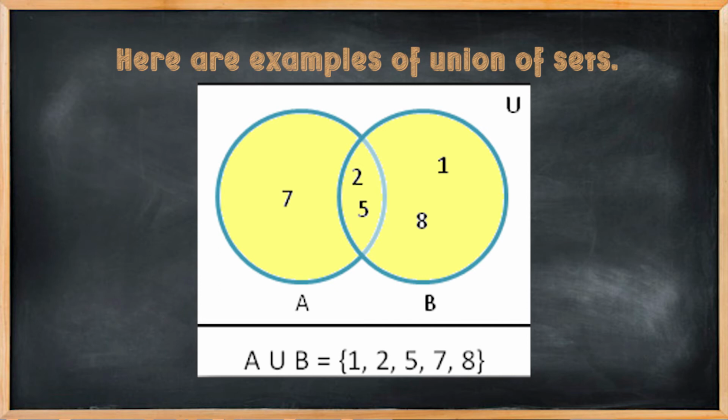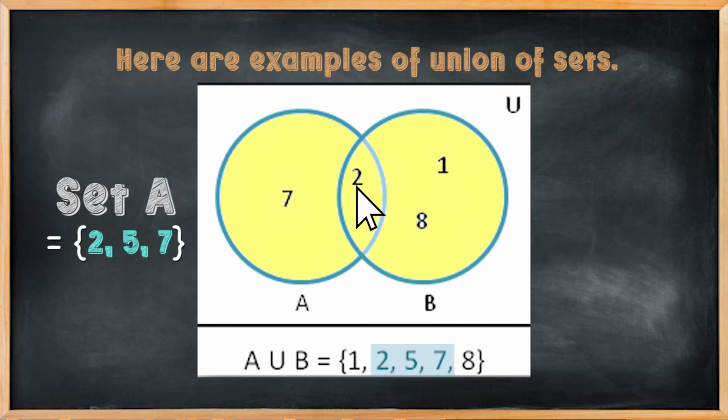Correct. If you said 2, 5, 7, that is indeed correct. 2, 5, and 7 are members of set A. Now, what are the members of set B?